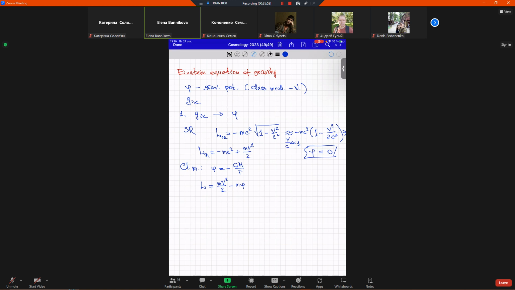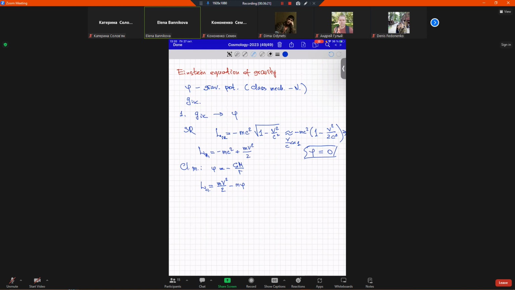So this, if we now will construct, let's construct now a Lagrangian which takes into account gravitational potential and also special relativity, but for the non-relativistic case.